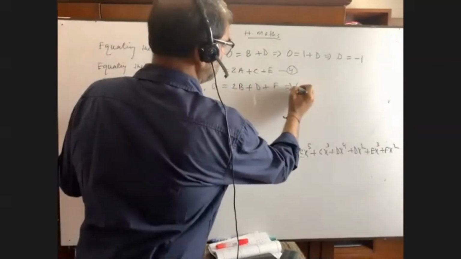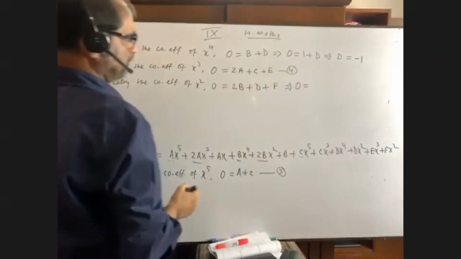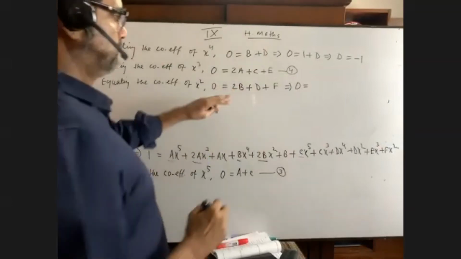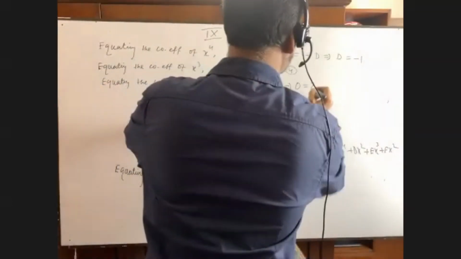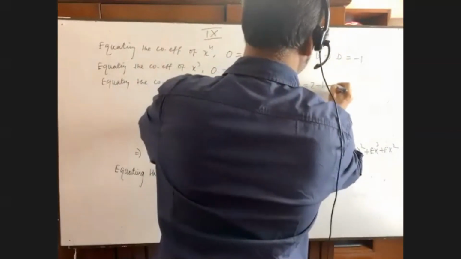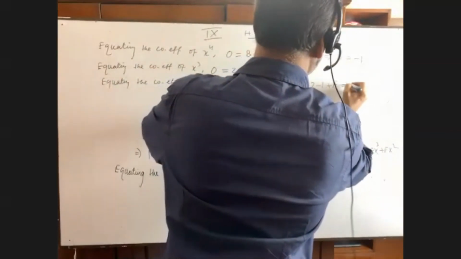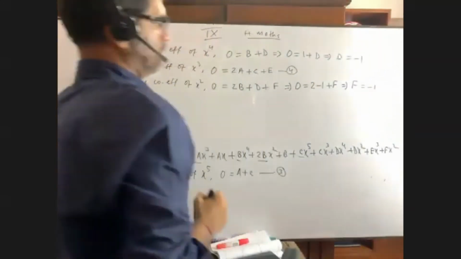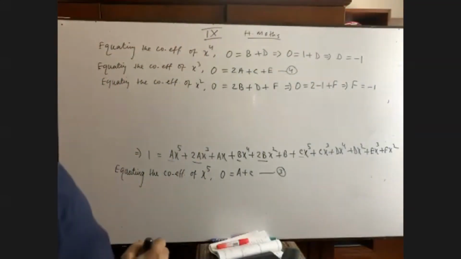Can you remember that the value of b was 1? Value of b is 1, that is 2, and d is minus 1, plus f. That means f equals to minus 1.